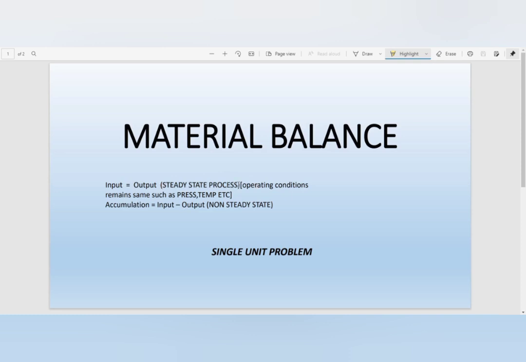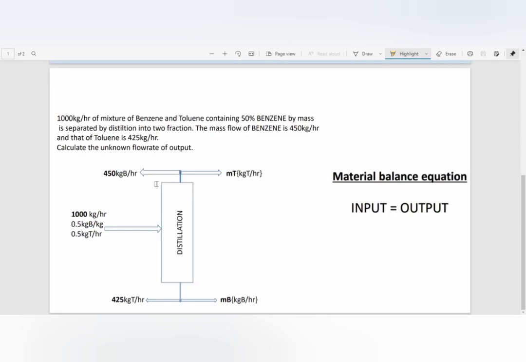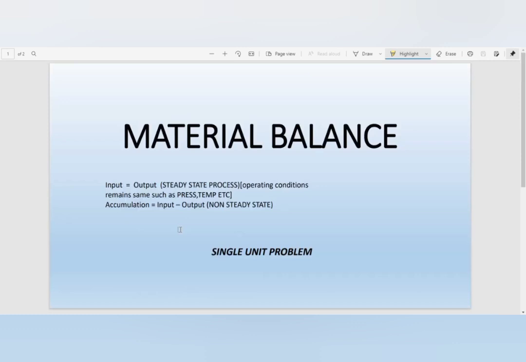Input equals output for steady state condition. Now in this particular problem we have one inlet going into the system, and the system is a distillation column.